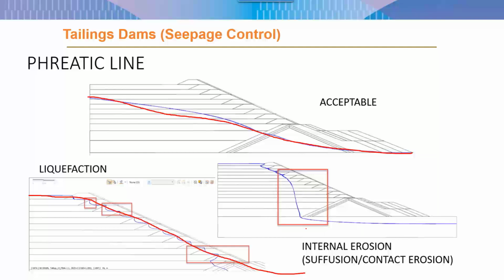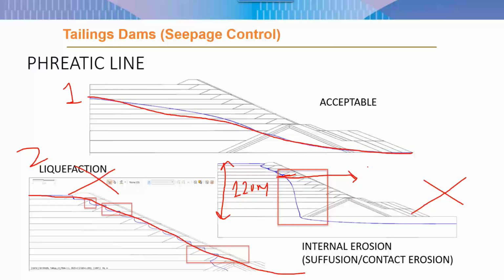And if this is the second case, so case one, that is acceptable case, case two, not acceptable, case three is piping developed due to internal erosion. So you can see this total height here of the dam is around 120 meters. And this side is 90 meters.